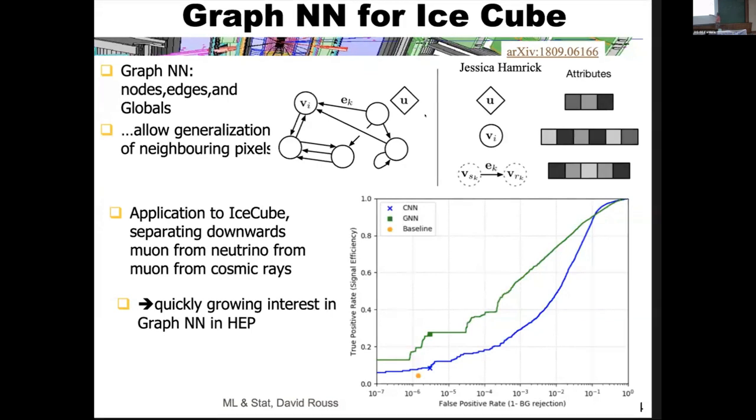This is shown here: the baseline, which is a simple analysis, the blue is a convolutional neural network, and the green is the graph neural network. They have some statistics issues, but you see a clear improvement in terms of the efficiency. This is the efficiency with respect to the false positive rate, so the better is on the top left corner, and there is a clear improvement due to this.